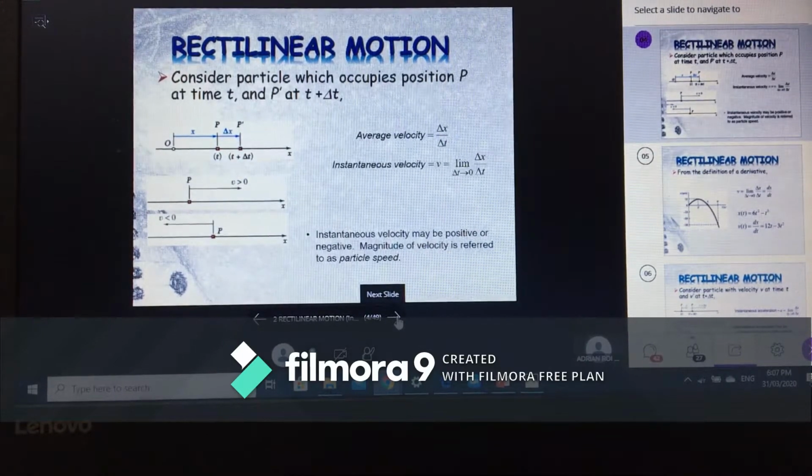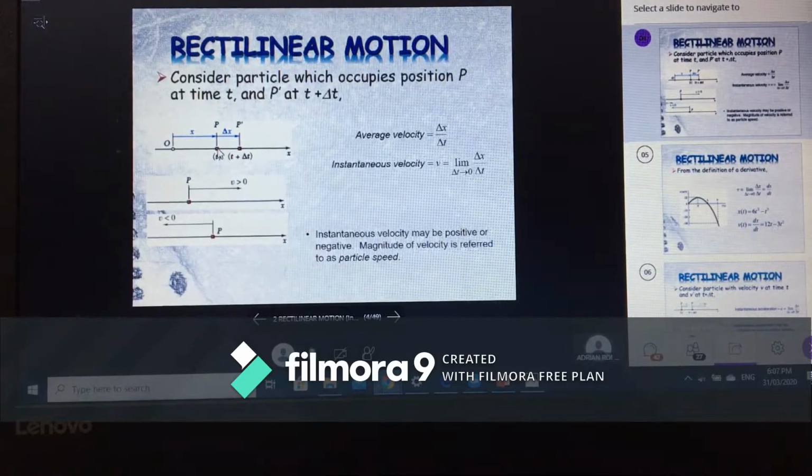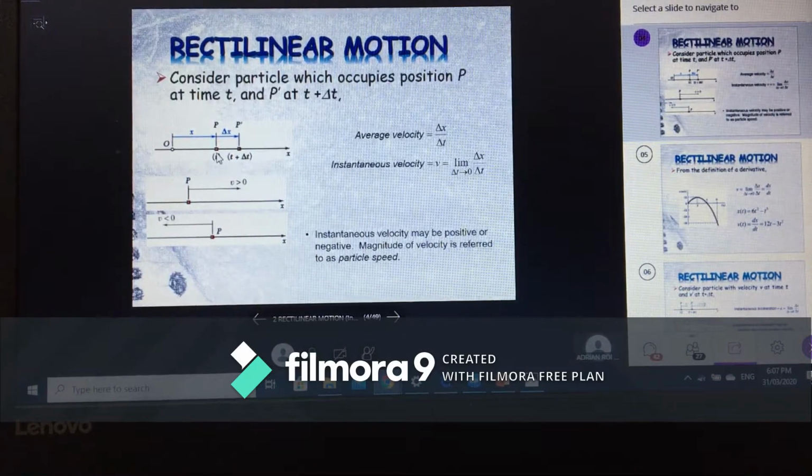So now we will talk about average velocity. So consider the particle which occupies position P. So ito yung particle natin which occupies this position P at time t. Now originally this particle was at this point, the fixed point, point O, and then it moves to the right, and it travels a distance or displacement equal to x at time t.